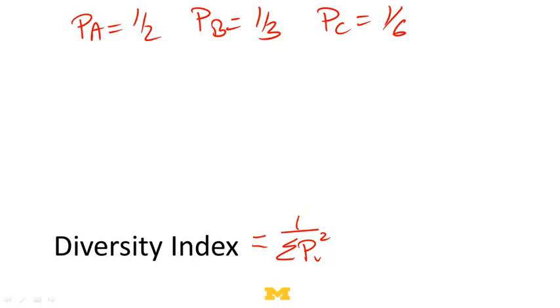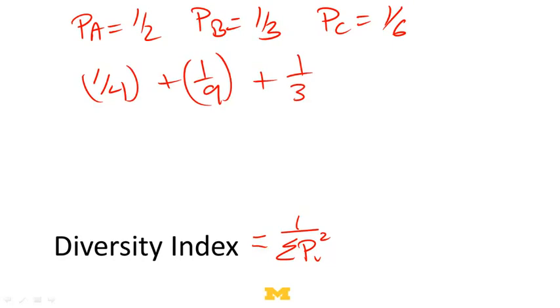So what we'd like is our diversity index to be a little bit less than 3, because this isn't quite 3 types. So let's see what happens. We're going to get PA squared, which is 1/4, plus PB squared, which is 1/9, plus PC squared, which is 1/36.